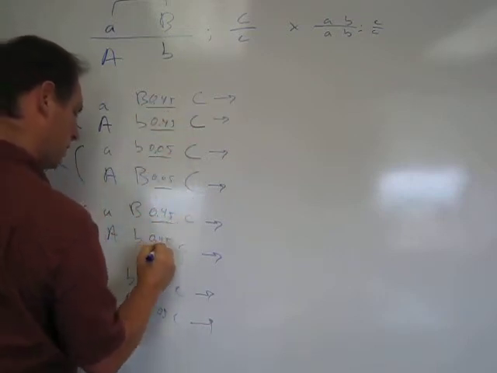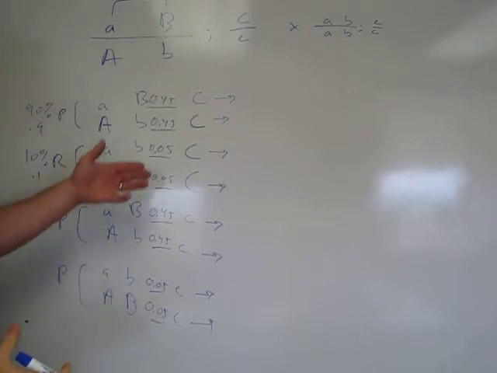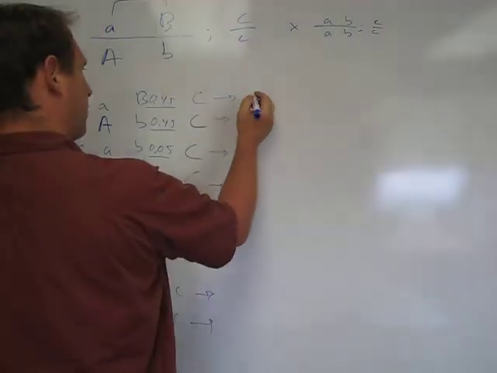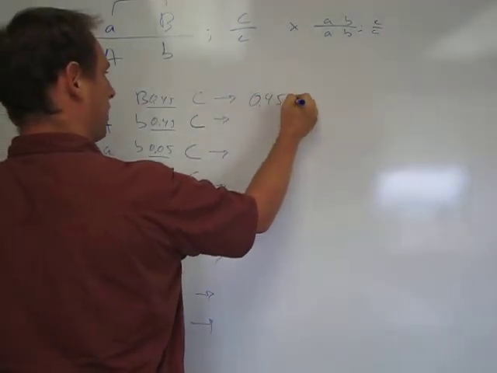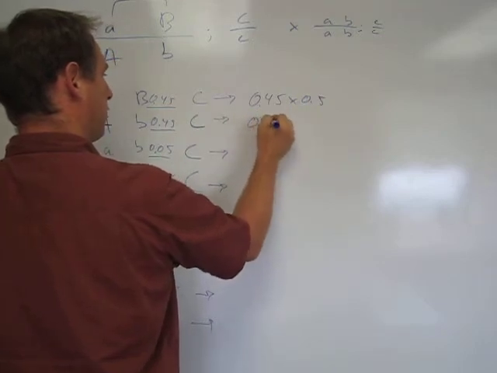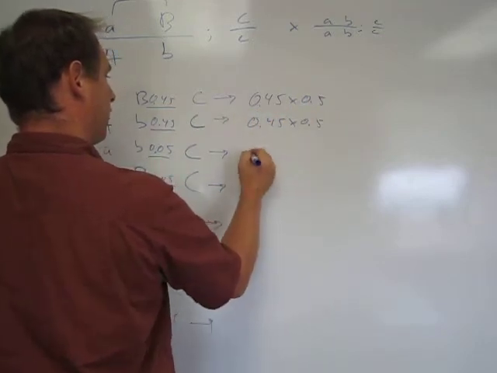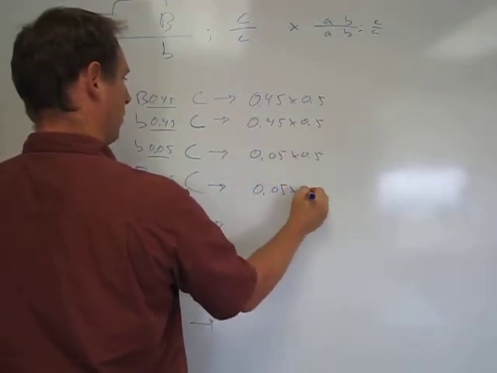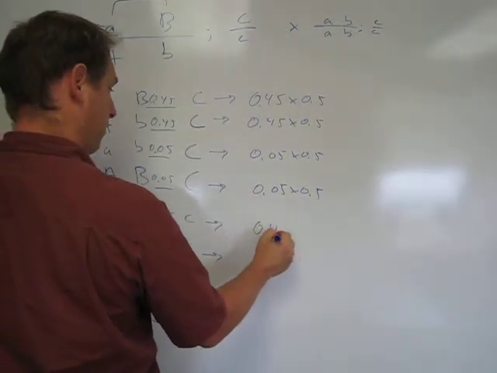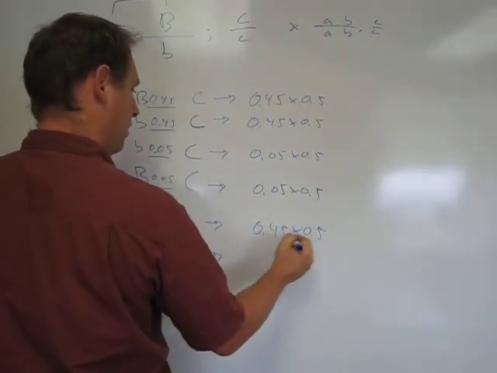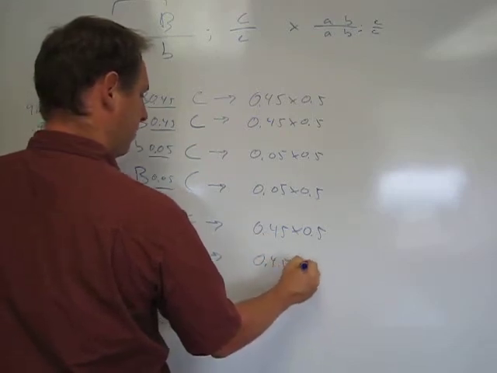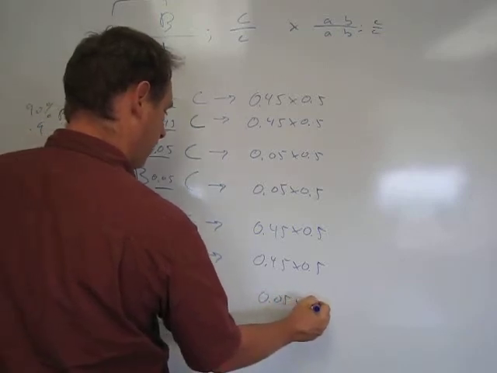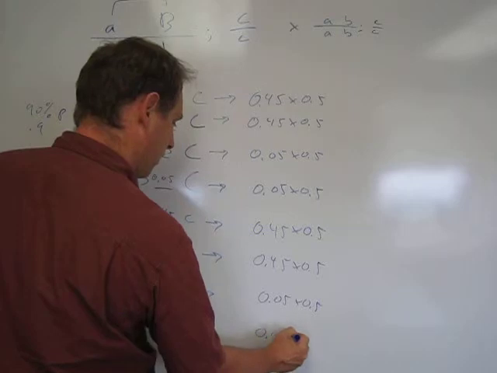Now, if we want to get the full frequencies for these gametes, we need to multiply by the probability that this actually becomes associated with the big C allele, and that's half. So this would be equal to 0.45 times 0.5, 0.45 times 0.5, 0.05 times 0.5, 0.05 times 0.5, and the same thing again, 0.45 times 0.5, 0.45 times 0.5, 0.05 times 0.5, and 0.05 times 0.5.